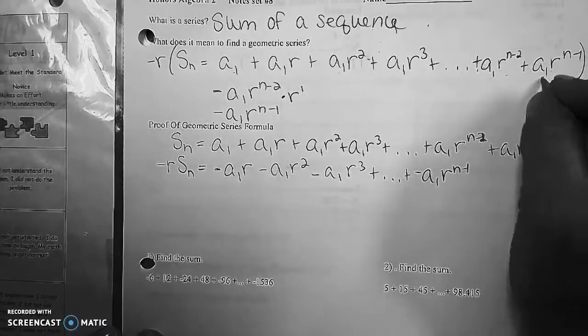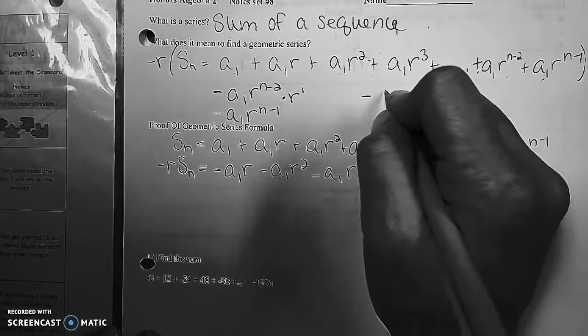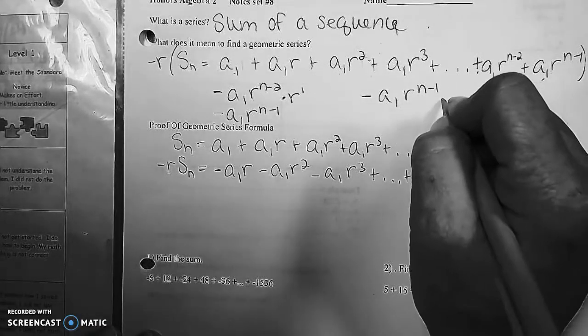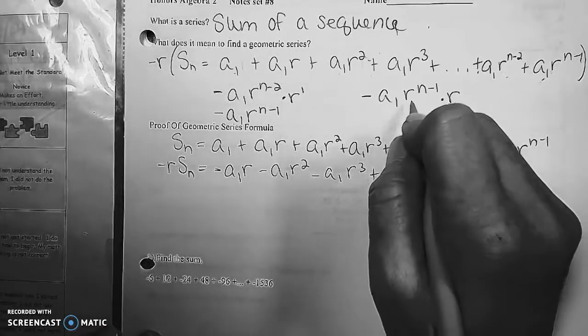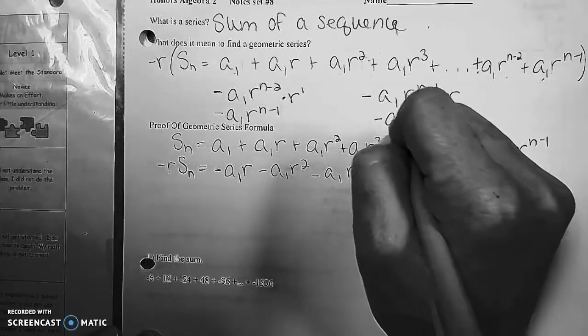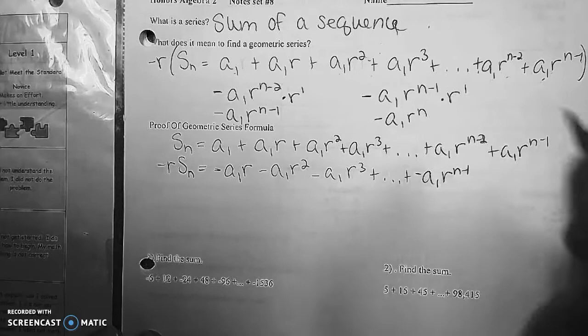I'm going to have A1 R to the n minus 1 times negative R, and yes, that answer will be negative. I'll have A sub 1 R to the n minus 1 times R. Again, I'm multiplying like bases, so I add my exponents. That's R to the first, and when I add these exponents, I just get R to the n.